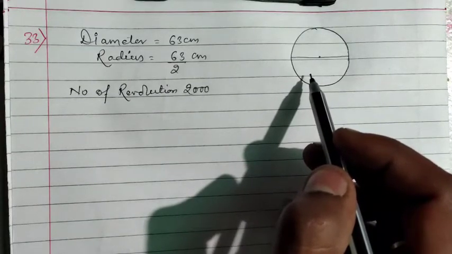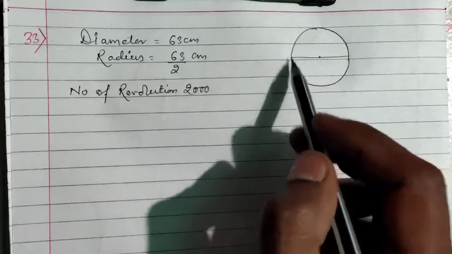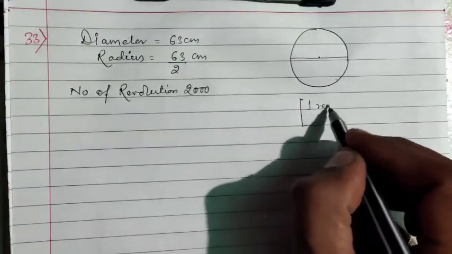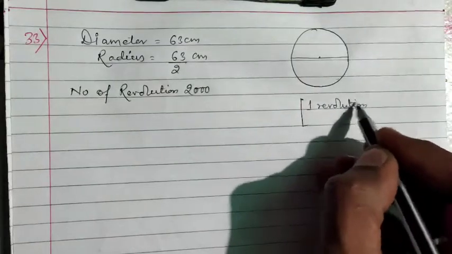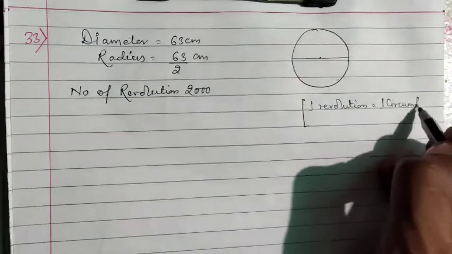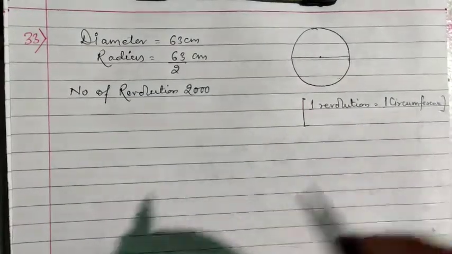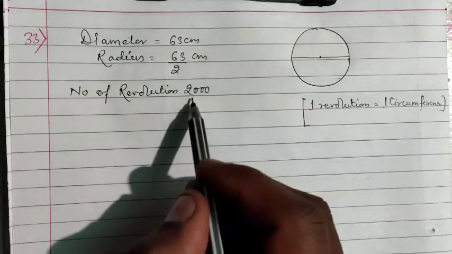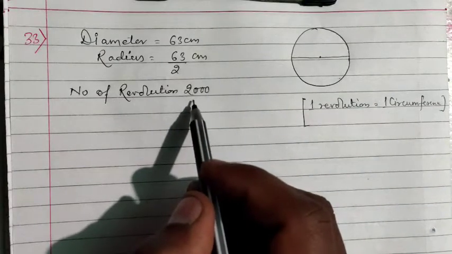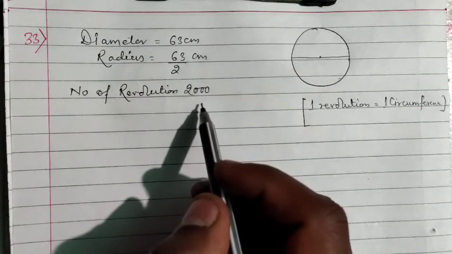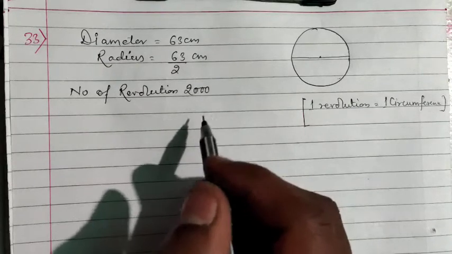The one thing you have to remember is that one revolution is equal to one circumference. It means if we calculate the value of the circumference and multiply it by 2000, since the number of revolutions is 2000, we will get the distance covered in 2000 revolutions.